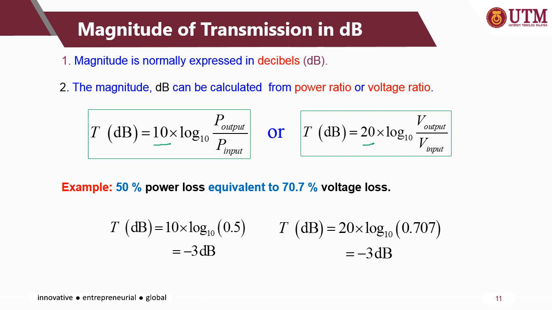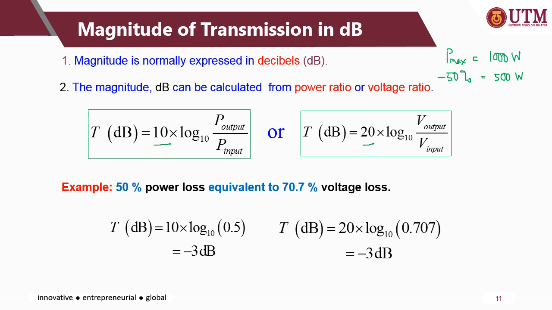Right, so let's check this value. For example, you have P max equal to 1000 watt. So a 50% reduction is 500 watt.